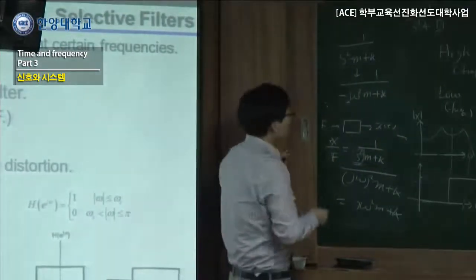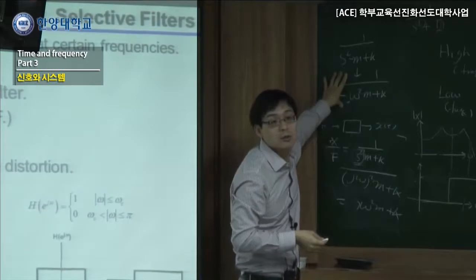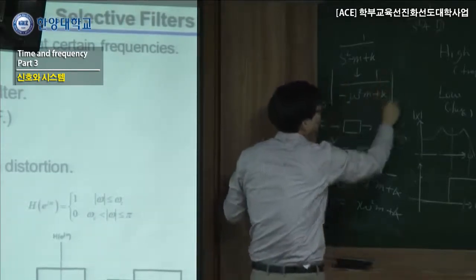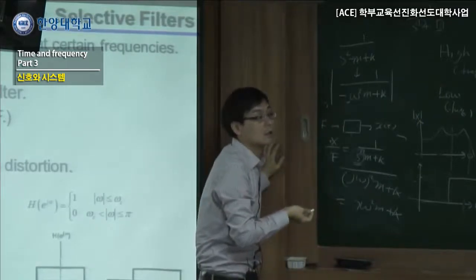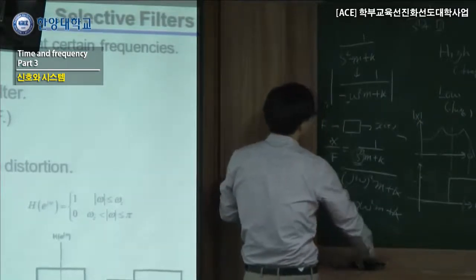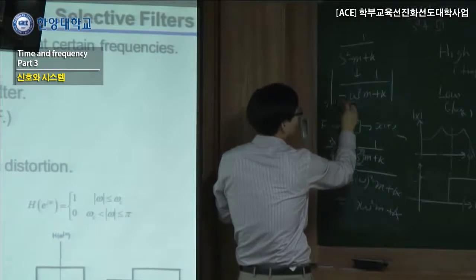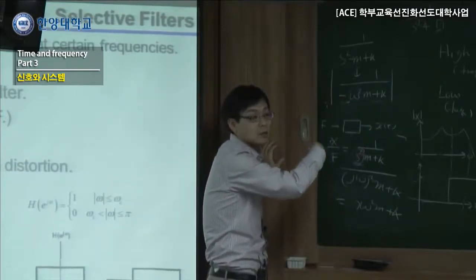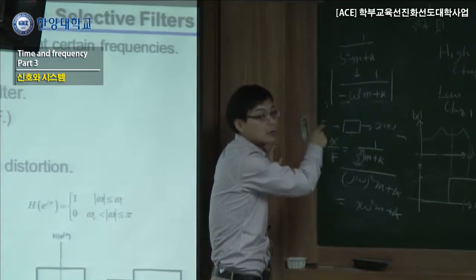And what is the amplitude of this one? If you say amplitude, it's always positive, right? So you can think of them either way, minus plus or plus minus, if you take minus as a phase. So that's how we do it.